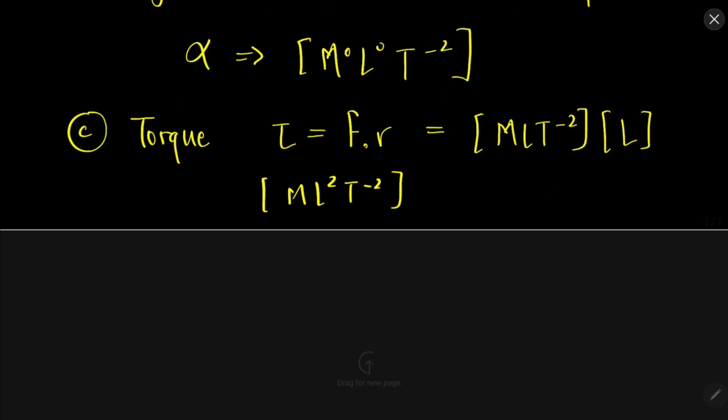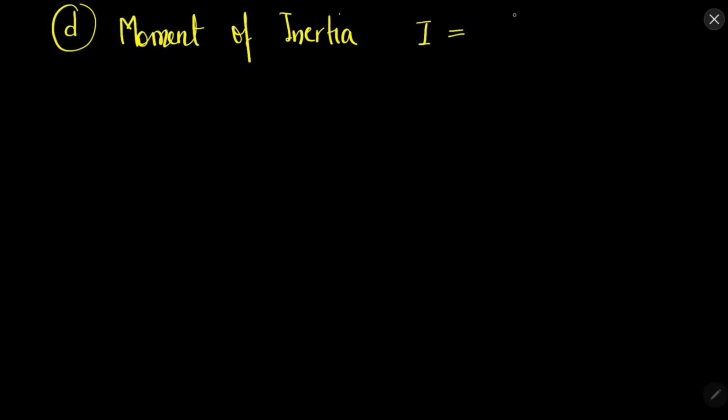So this is torque. Now what about the dimensions of moment of inertia? Moment of inertia is the kind of angular inertia. It opposes the change in the rotational motion. It is represented by I, and it is equal to m r², mass into perpendicular distance square.